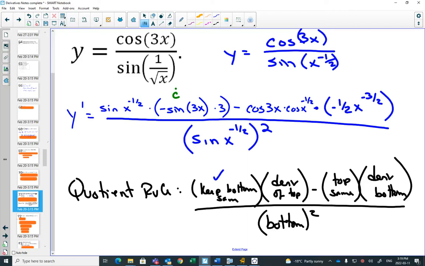Make a little note here. This was a chain rule. And this is where you can get lost because the chain rule is hard on its own, right? You're thinking about what's the outside function, what's the inside function. And you get done this, and you might forget where you are in your quotient rule steps.